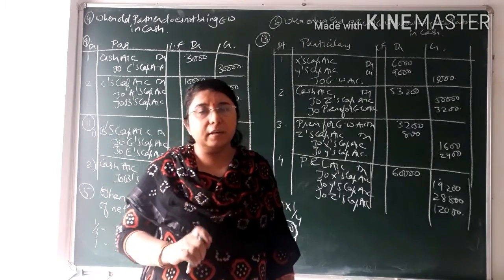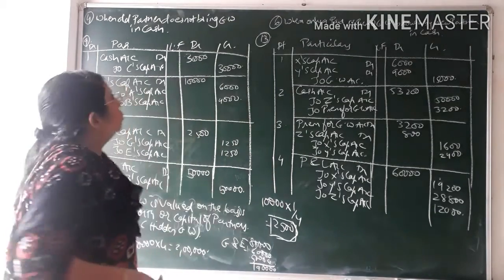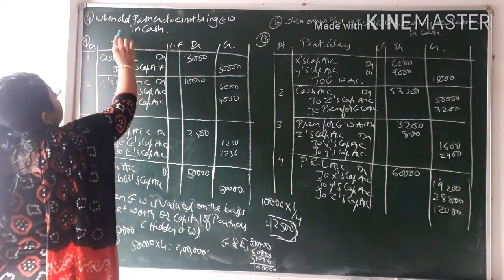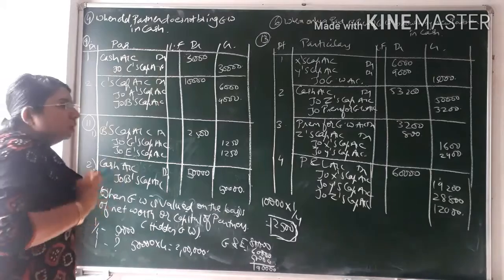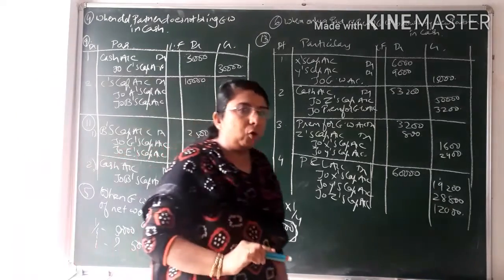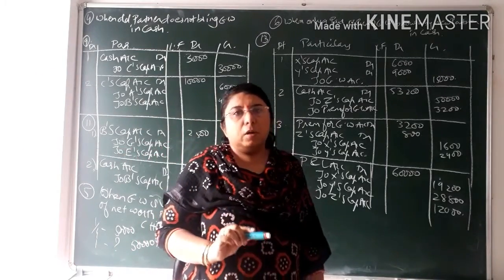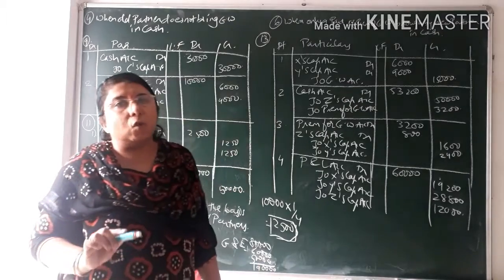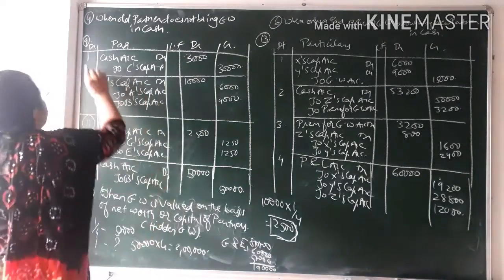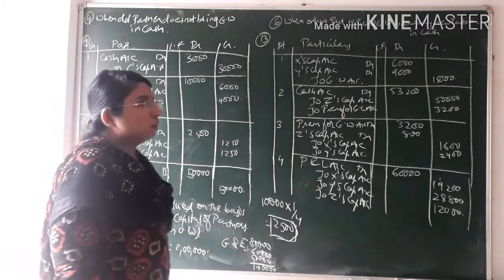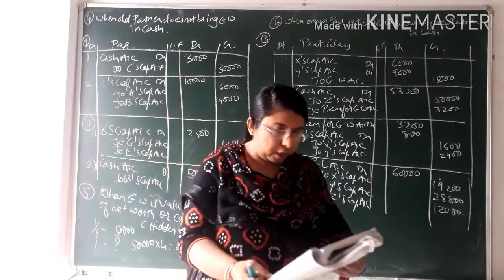Those topics we had discussed. Now the new partner is not bringing goodwill in cash, meaning whatever the new partner's share of goodwill in the firm is, is not brought in cash. For that I have taken question number 9 of your textbook, on page number 206.